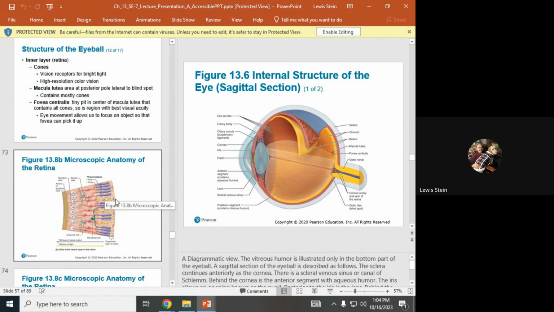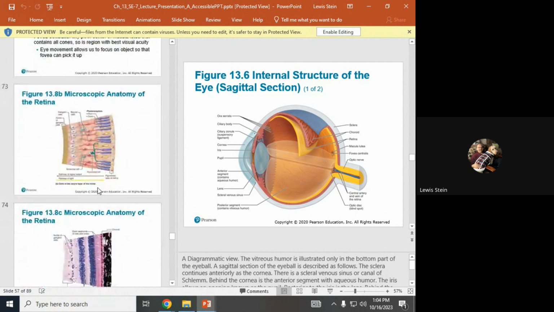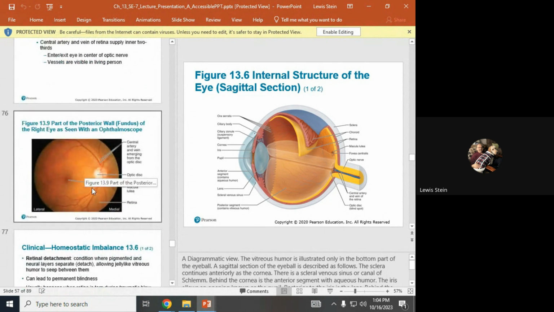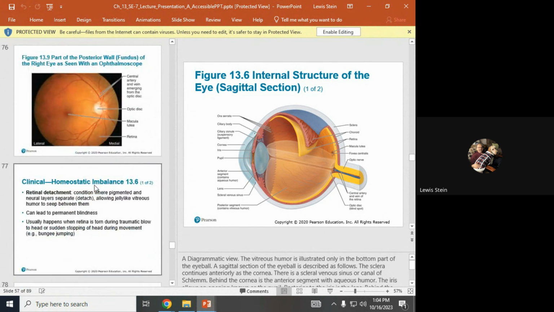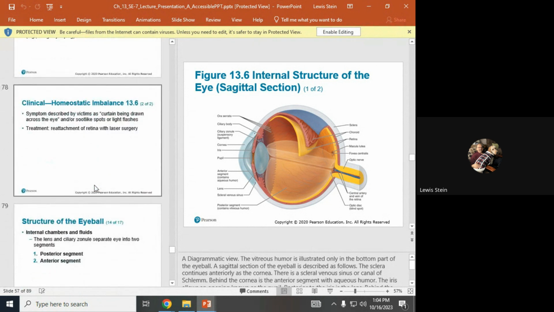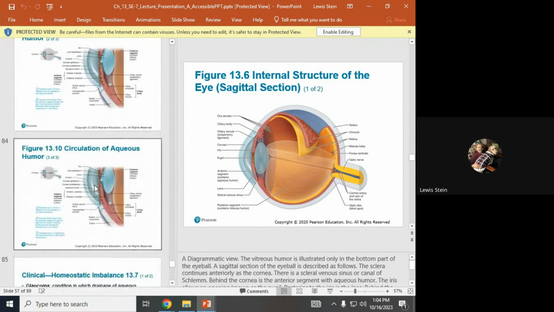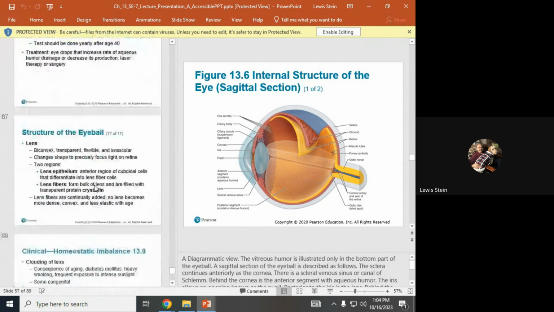We'll look at the rods and the cones and their very distinctive shapes, and the different cells involved, the bipolar cells and the ganglionic cells. If you go back to it, I make a comment about this; it's a very fascinating area if you hear my little narrative about it. There's the idea of retinal detachment, the chambers, and a little bit about glaucoma as well.